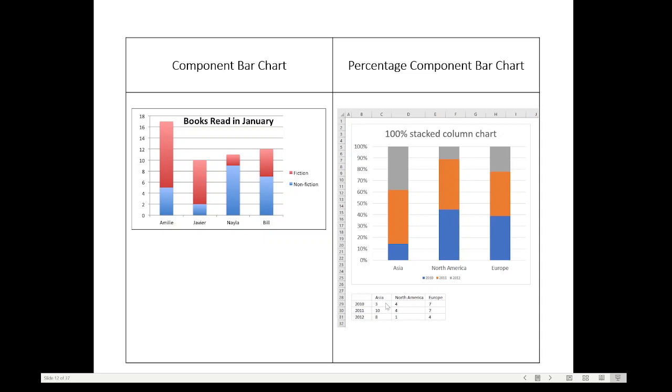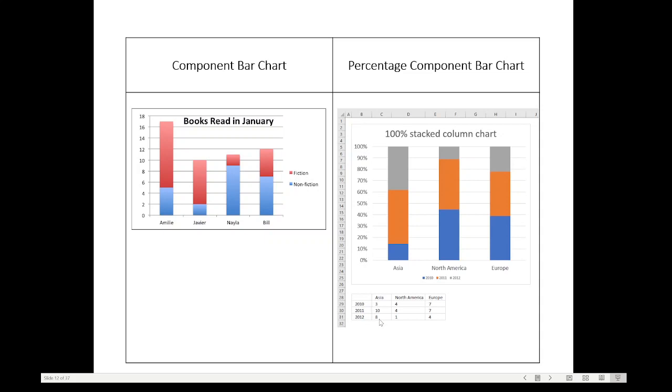So you have this for Asia 3, 10, and 8. So you get 100%. So how do you get the percentage over here? Okay, we take the percentage by taking the relative frequency for each of the categories. So contohnya kat sini, kita ada for Asia we have 3, 10, and 8.